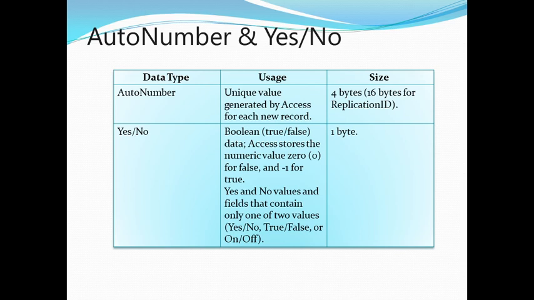If you want to enter such a type of value in a particular field, you have to select the yes/no data type for that field. I am giving you one example. Are you a graduate or not? The answer would be yes or no. Either you are a graduate or not. Fine. Now, for example, you can either be male or female. By default it takes 1 byte. Okay, the size of this field is 1 byte.